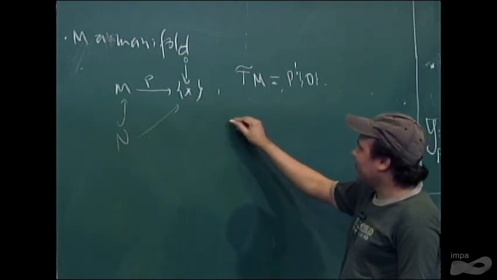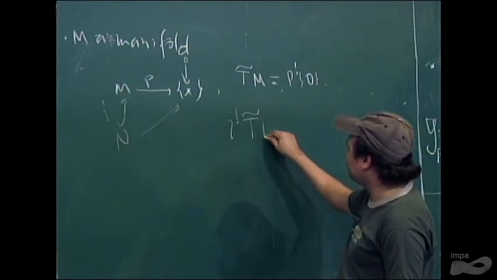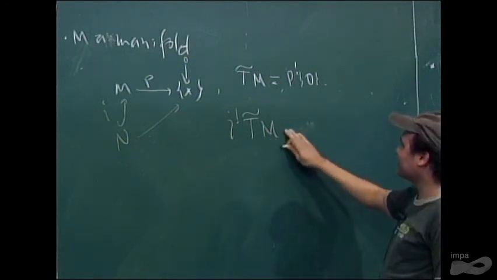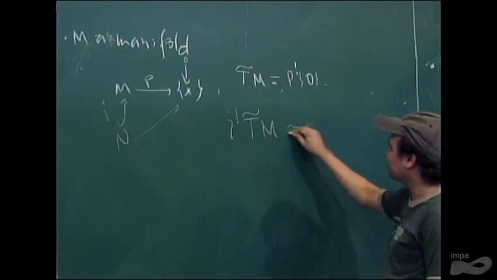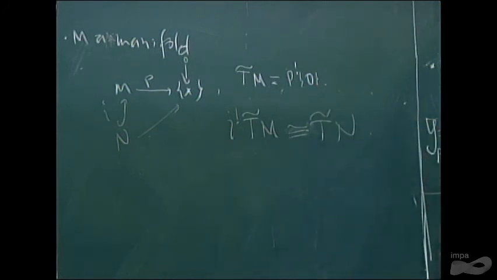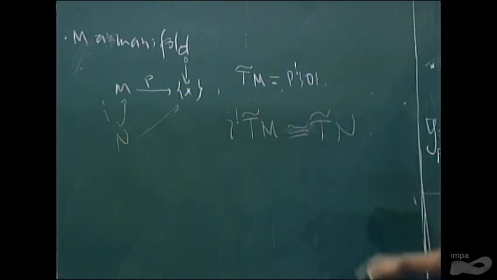You have to have this property for any submanifold of M: its pullback has to be isomorphic to this thing here. You can imagine T tilde, the generalized tangent bundle, as something that goes from manifolds to Lie algebroids. This is the idea behind an exact Lie algebroid.